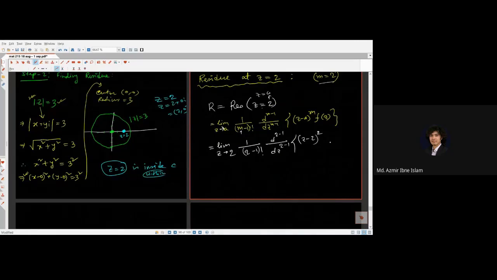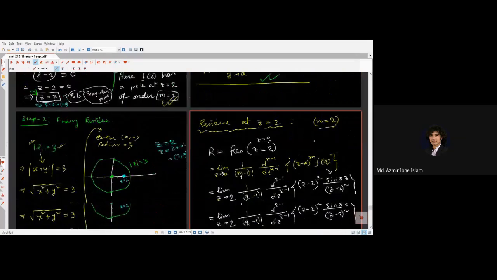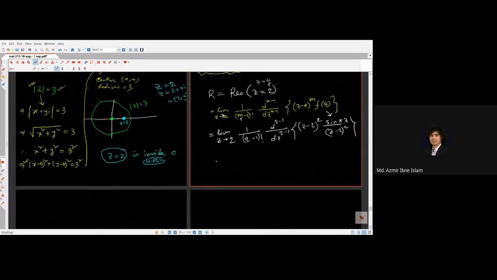So we have replaced whatever parts we need. That means sine pi z over z negative 2 squared is the function. Here you can easily understand that as limit z approaches 2, this part will be 1 over 1 factorial, which is giving us 1.